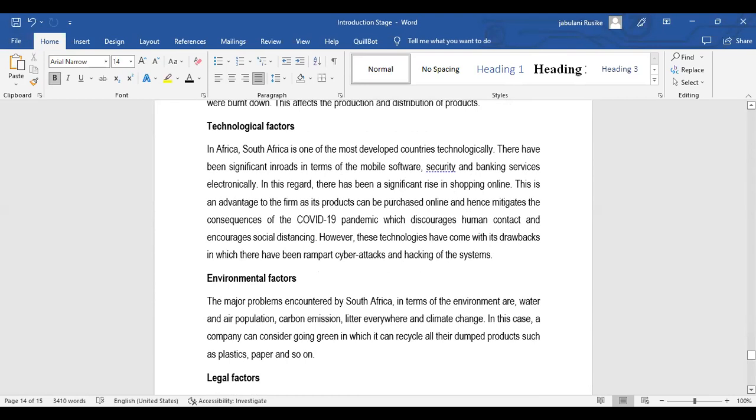And then we have technological factors, right? Now the technological factors, we are talking about the development of technology in the country, and South Africa is one of the most developed countries in Africa in terms of technology. Technologically, South Africa is way ahead, right?